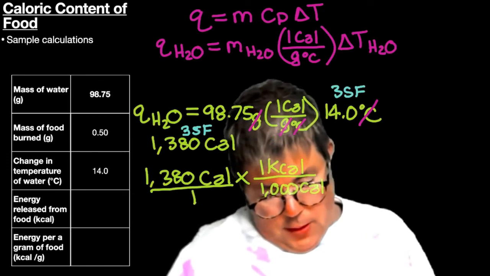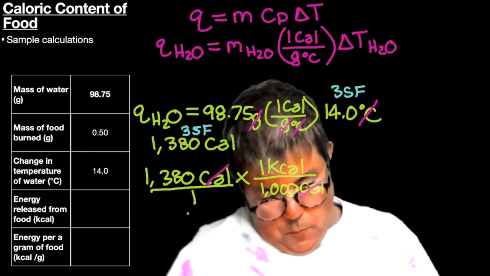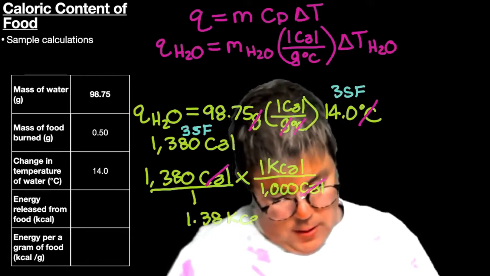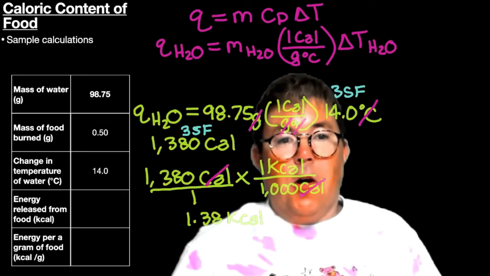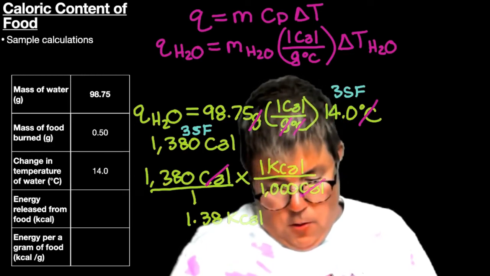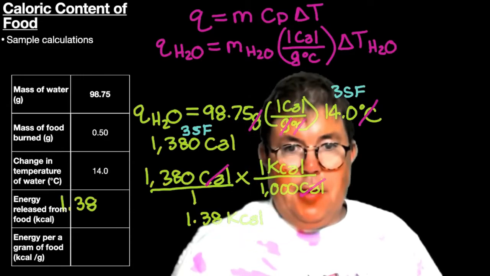Notice calories cancel, which gives us 1.38 kilocalories. So I can go ahead and write right next door here 1.38 in the box.